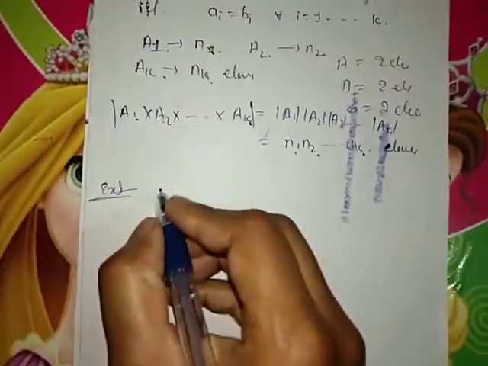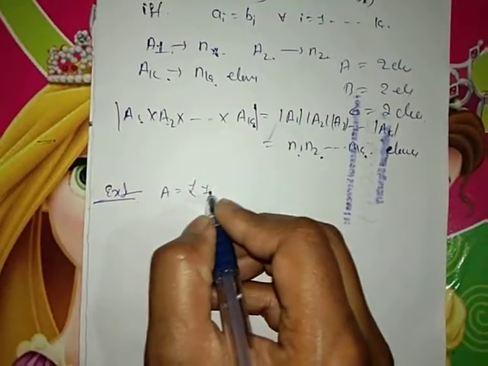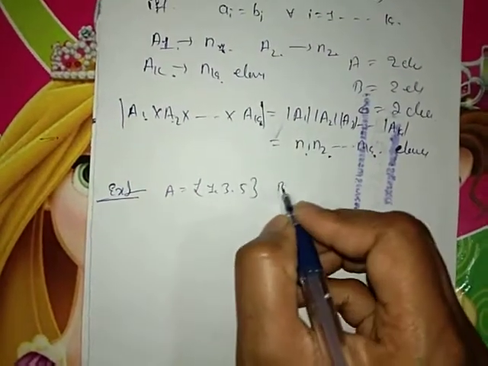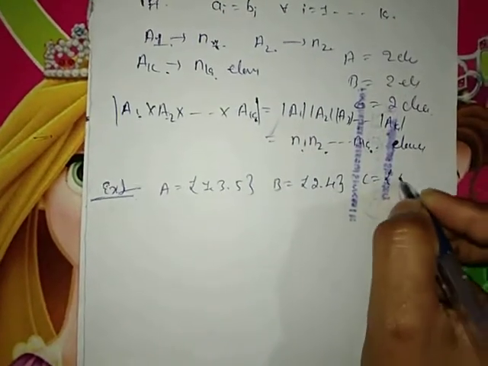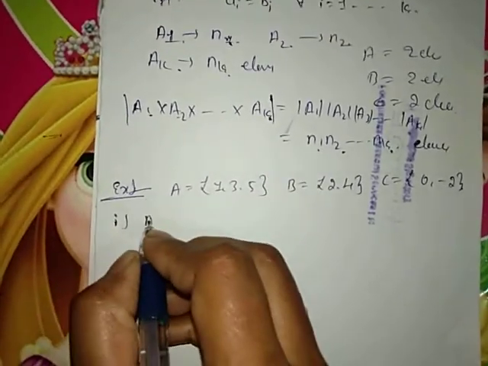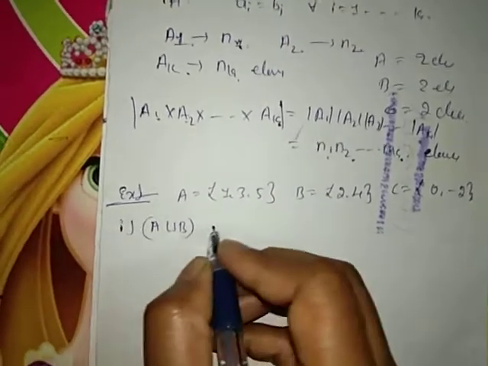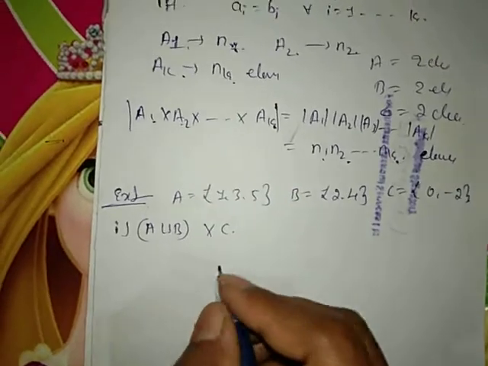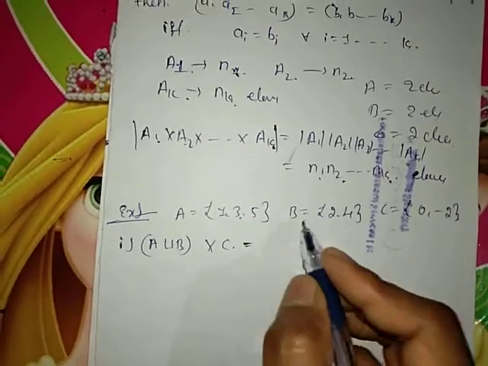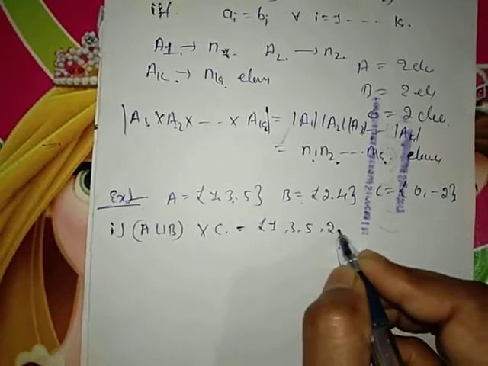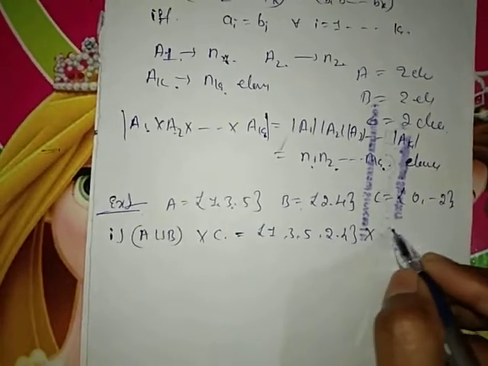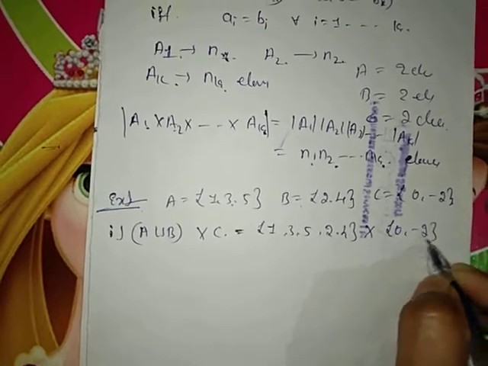Now take down the example. A equal to 1, 3, 5. B equal to 2, 4. C equal to 0, minus 2. Then find out A union B cross C. So A union B means 1, 3, 5, 2, 4. Cross C: 0, minus 2.